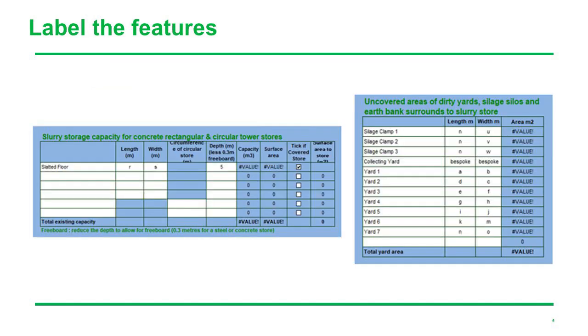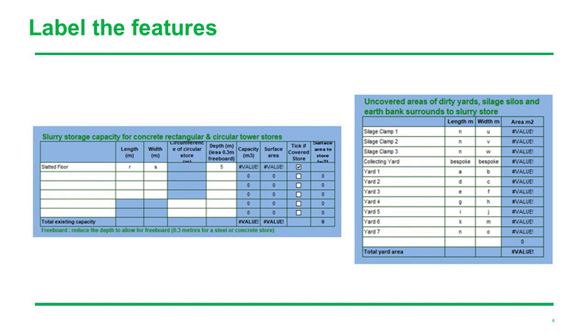When you have edited your base map to include all the relevant features, you need to label the features so it's clear what their purpose is. This image shows consistent labeling being used in Slurry Wizard, which will match your slurry store location and design assessment form and site plan.